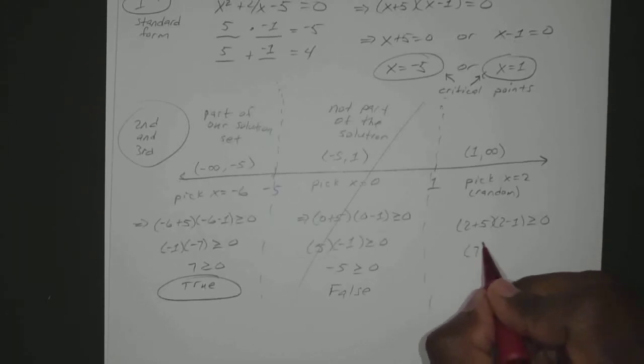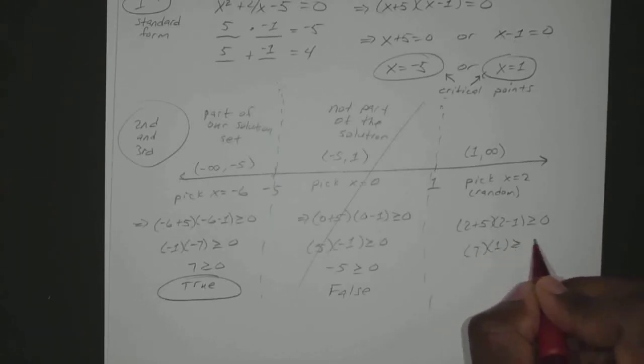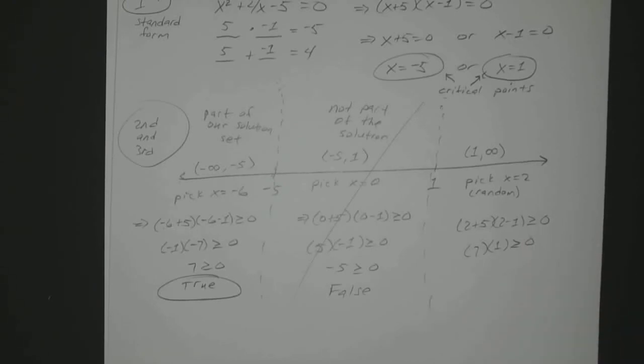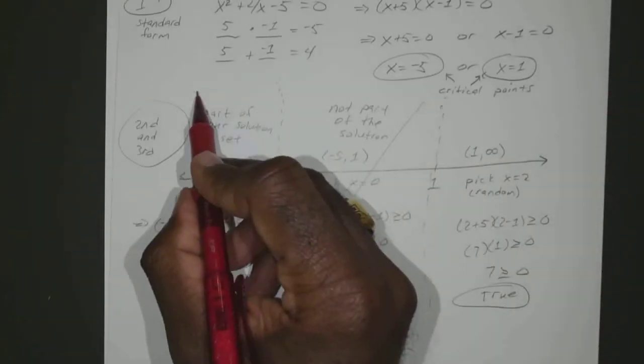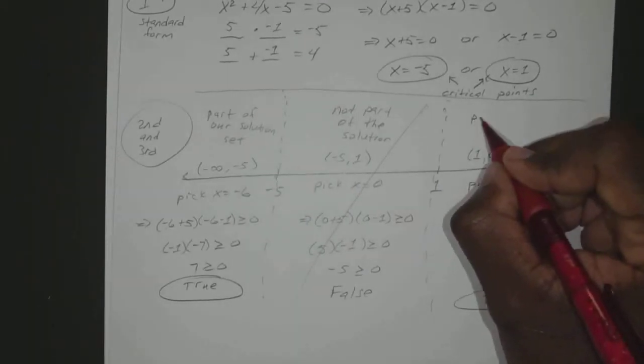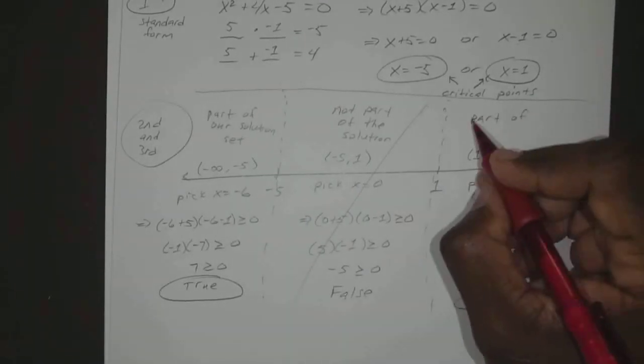So you have 7 times 1 is greater than or equal to 0. So that gives you 7 is greater than or equal to 0, which is true. So if it's true, that means this is part of our solution set.